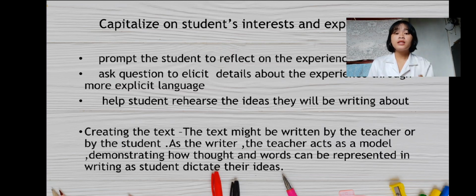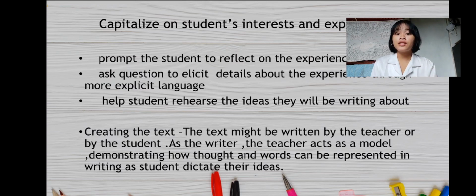Second, ask questions to elicit details about the experience through more explicit language, or encourage the pupils to think of what they've seen and done. Third, help students rehearse the ideas they will be writing about, or use more detailed language to help kids practice the themes they will be writing about by asking questions to gather details about the experience.